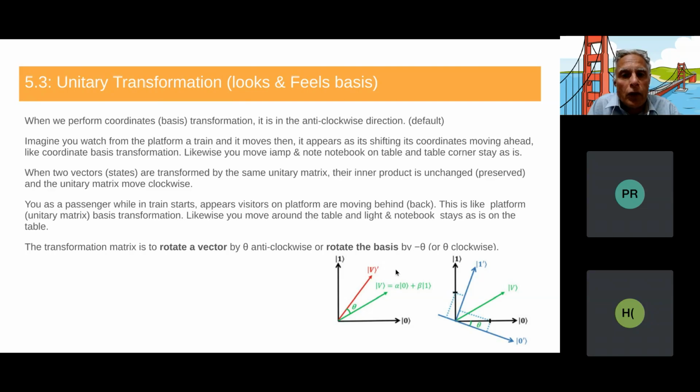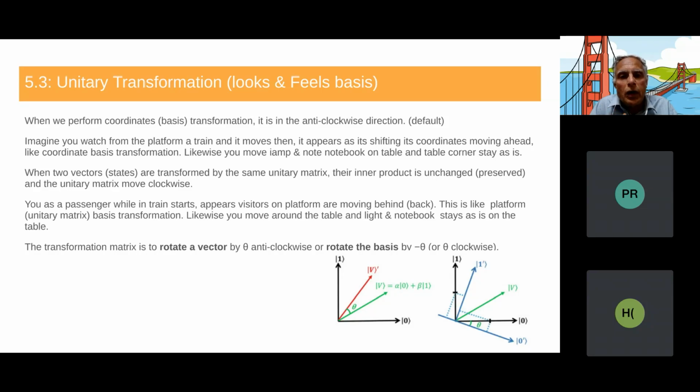For us, the important thing is that it is moved, but the value has not changed. We had moved it anti-clockwise. So the coordinate basis transformation is an anti-clockwise movement. Imagine you watch from a platform as a train is moving, and it appears to shift its coordinates, moving ahead. That is the coordinate basis.